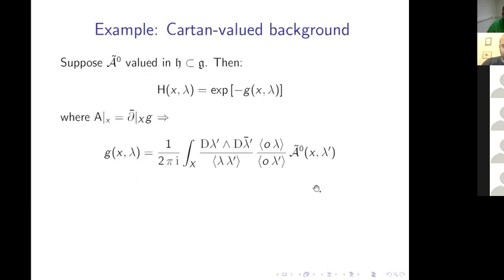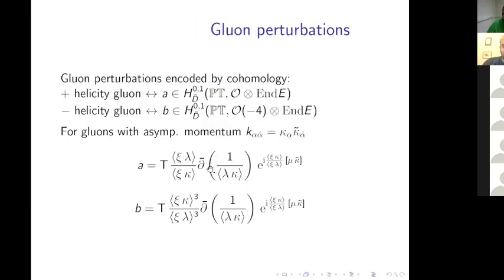What that means is that we can use these very simple momentum eigenstates, which are actually the same as the momentum eigenstates you use on a flat or a trivial background. That's because the D bar, their anti-holomorphic form component, is only proportional to D lambda bar. They're trivially cohomology classes in the deformed complex structure for the Twistor space, even though they're also cohomology classes in the flat complex structure.